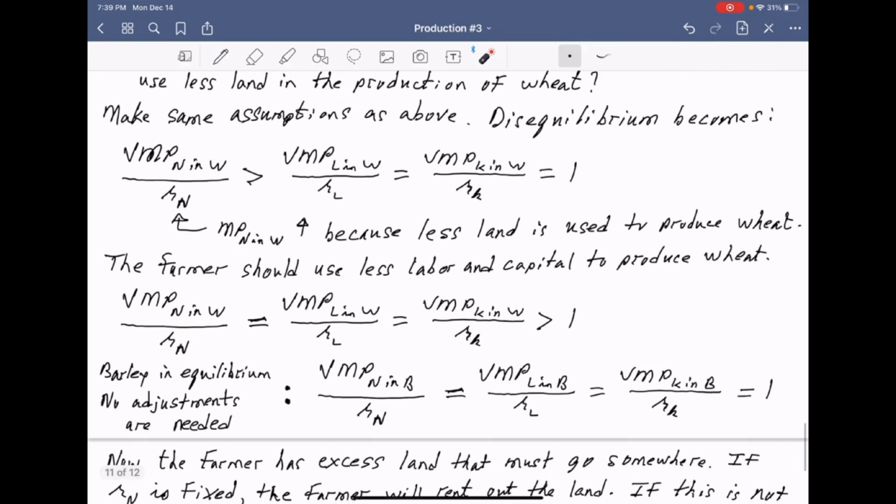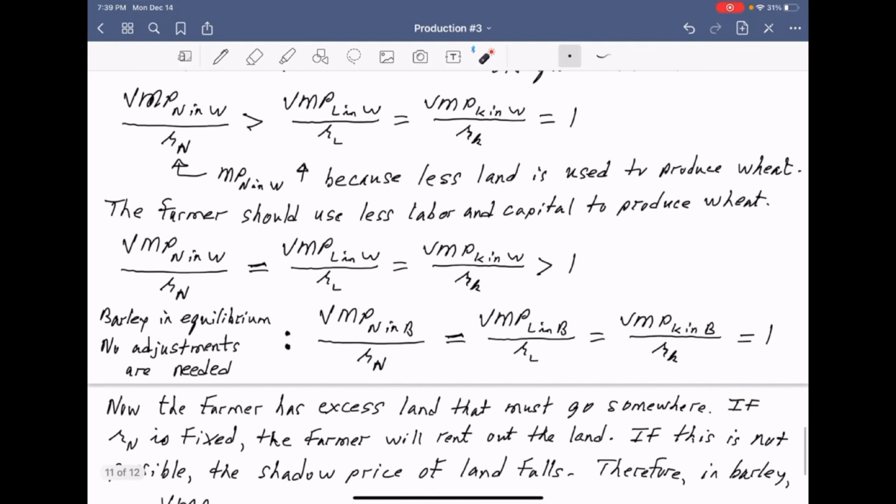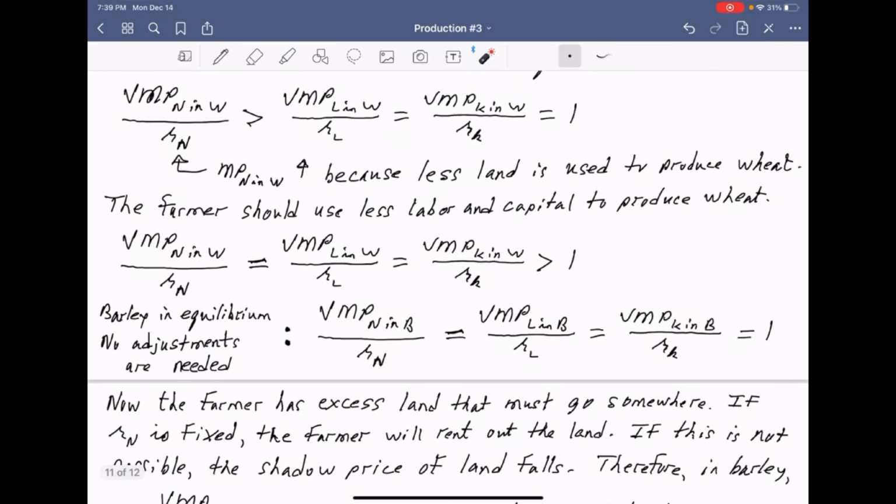Well, in barley, nothing changes, because changing the marginal product of labor in wheat doesn't change the marginal product of labor in barley. So in barley, we get this equilibrium condition, so we have an unconstrained optimal condition.